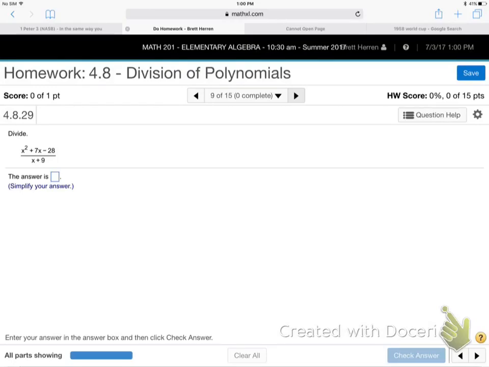So we're going to do long division because there's a plus sign in the denominator. x plus 9 into x squared plus 7x minus 28.